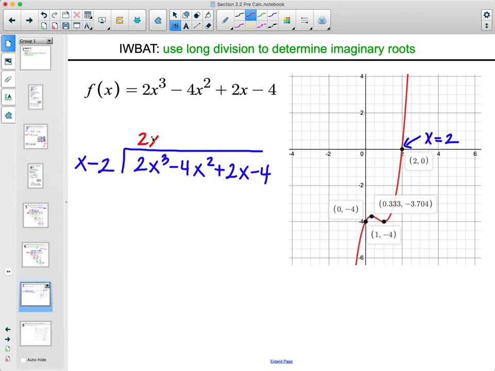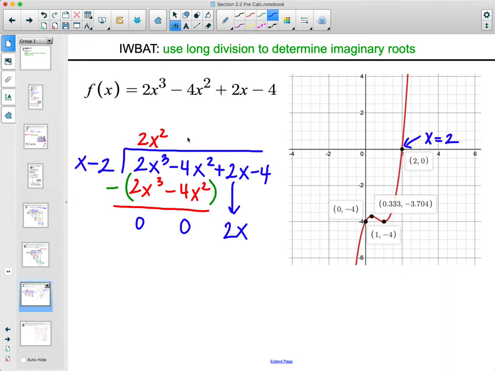So 2x squared. 2x squared times x is 2x cubed. 2x squared times negative 2 is negative 4x squared. Subtract. So you end up with 0, and negative 4x squared minus negative 4x squared is 0. Carry this down.